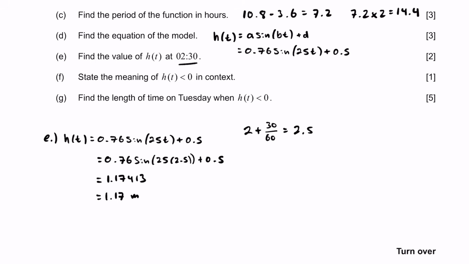We could say that represents the points where the road is above the water level, or the island is accessible, or we could say the water line is below the road. I think that would be probably what I would choose. So f, what does h of t is less than 0 mean? It means the points where the water line is below the road.